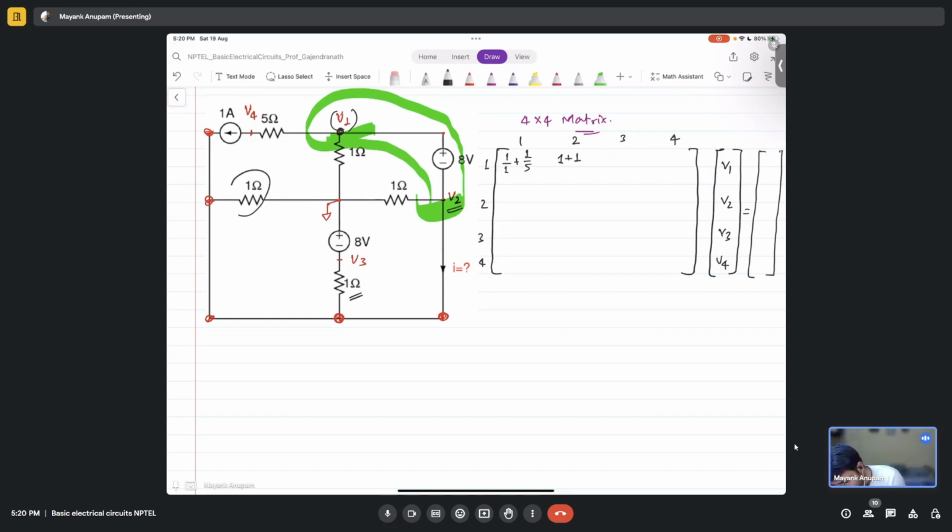This is also 1 over 1, again at node V2 itself, plus 1 over 1. And what else? This 1 ampere current source is connected between V4 and V2. So this is an independent current source, and we will take it to the other part of the matrix equation. Fine, so this is for node V2 at this level. Now what is the entry for 1 comma 3? Tell me.